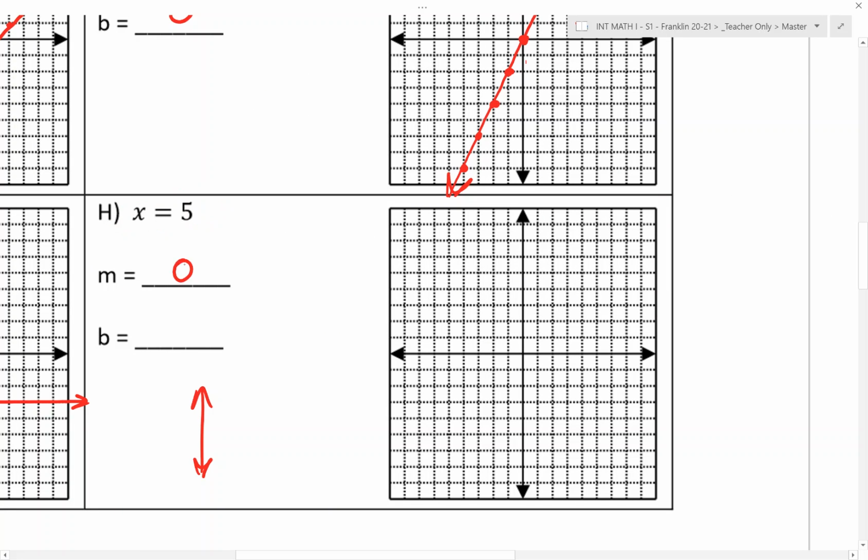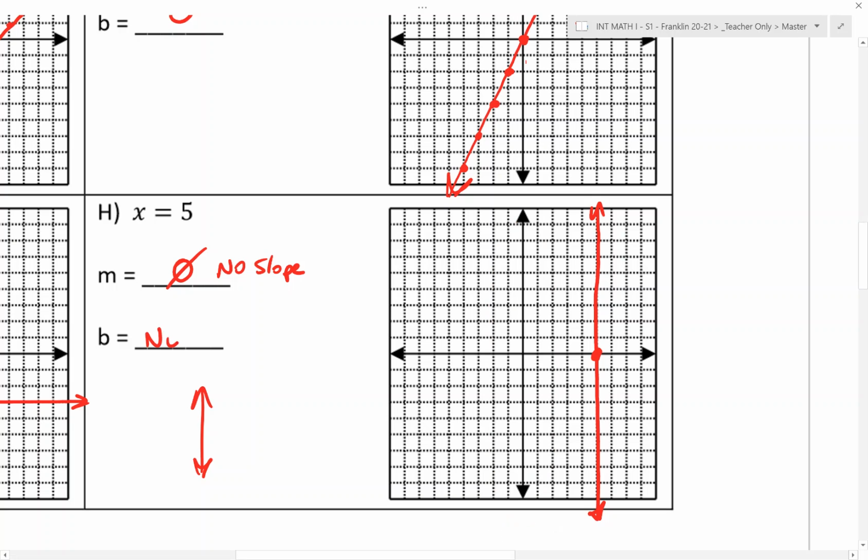The slope here, there is no slope. No slope, because vertical lines have no slope. And for the y-intercept, well, let's look at it. X equals 5. We go through 5 on the x-axis vertically. And this line does not have a y-intercept. It never crosses the y-axis because it's going vertical over here next to it.